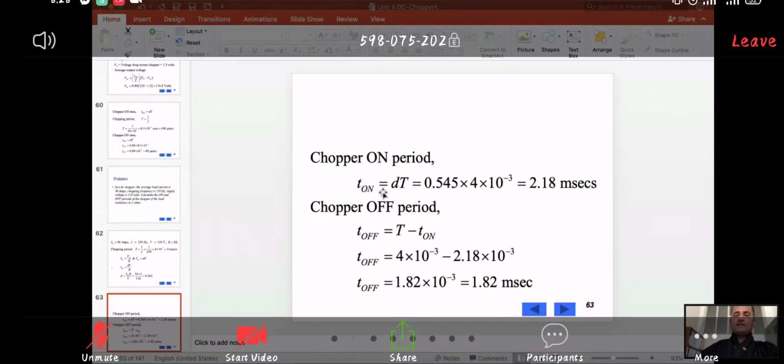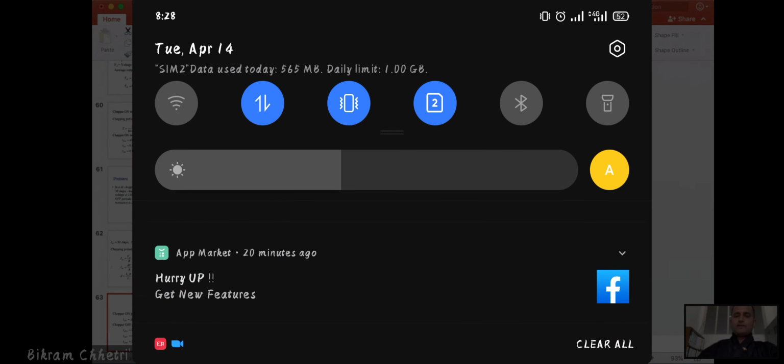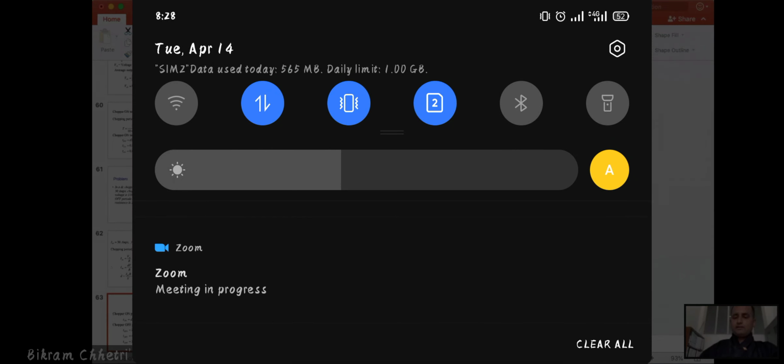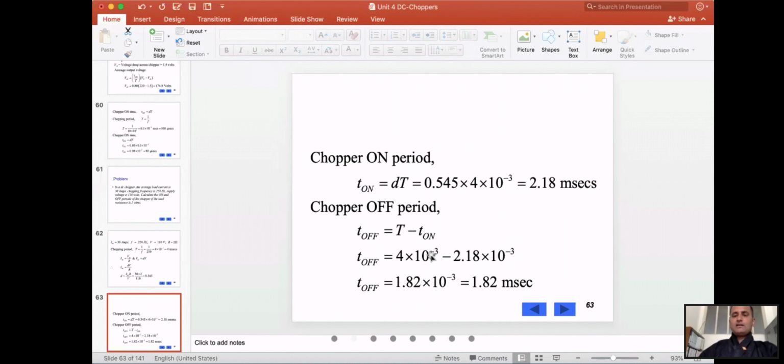The total time period is 4 millisecond and the on period is 2.18 millisecond. So if we subtract T minus T on, you will get T off, which is equal to 1.82 millisecond.